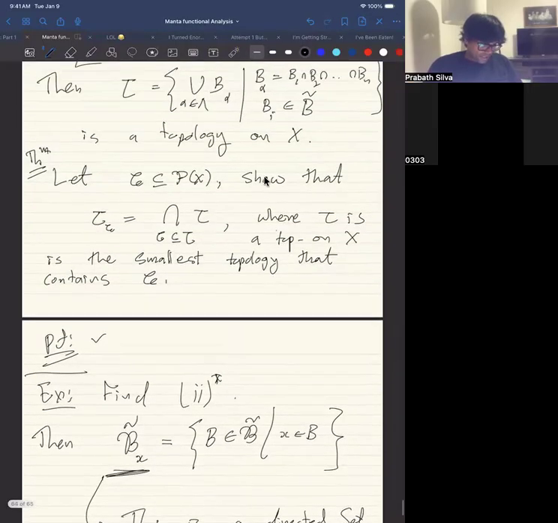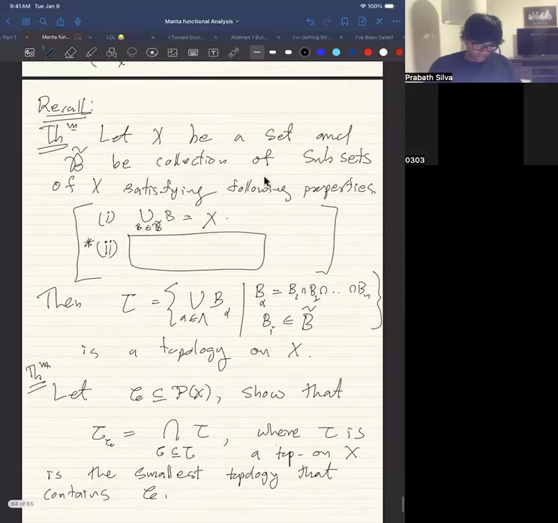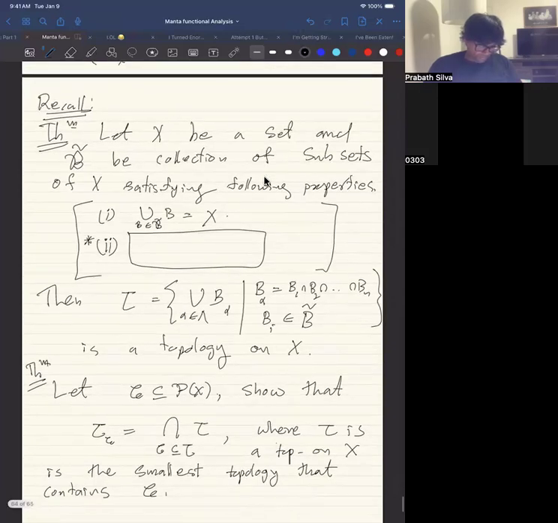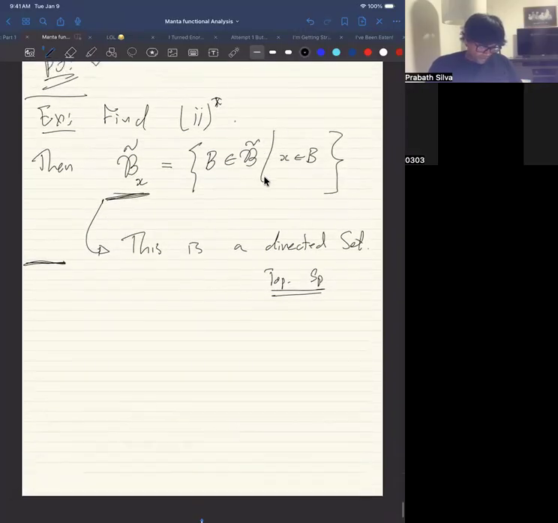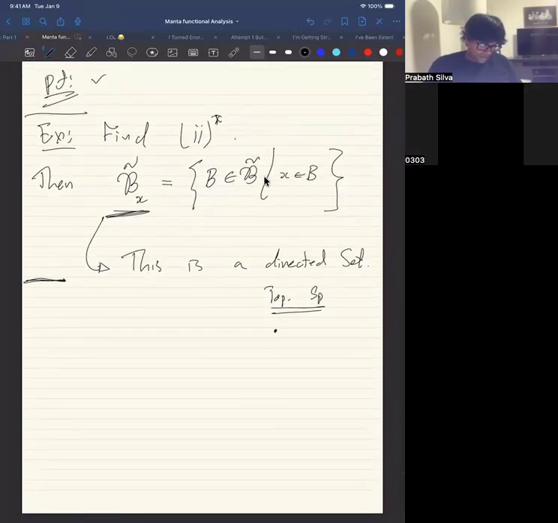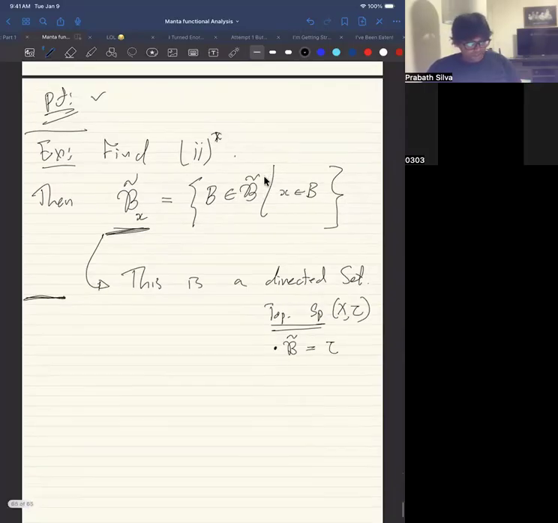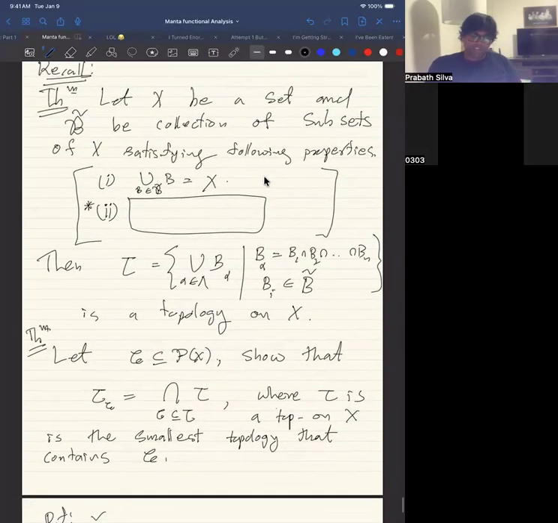So if you have X tau to be a topological space, you take B delta to be tau. Okay. And if you take B delta to be tau, we don't have to worry about these properties 1 and 2, and whatever property you put there will be satisfied by B delta. Okay.